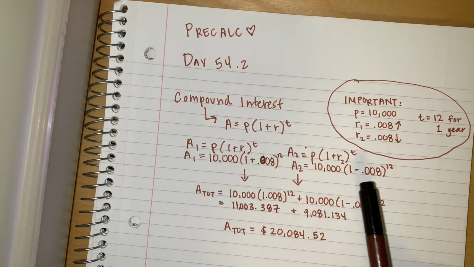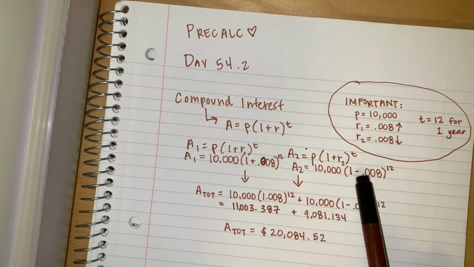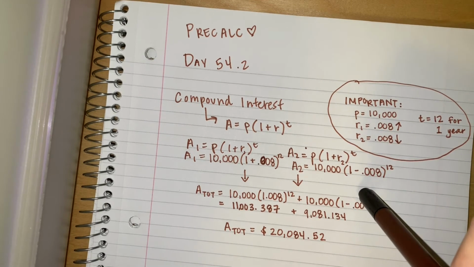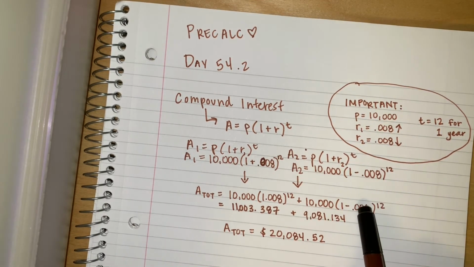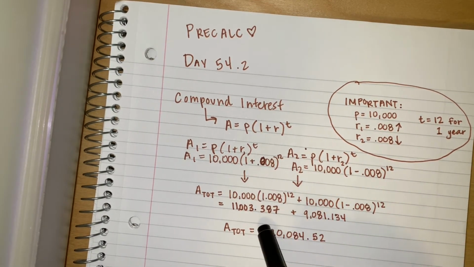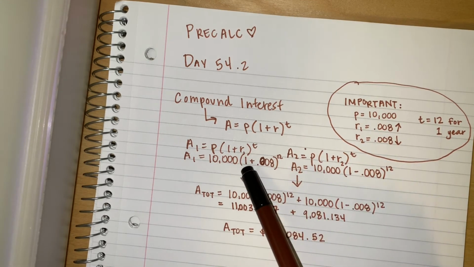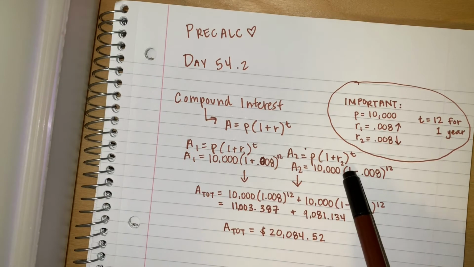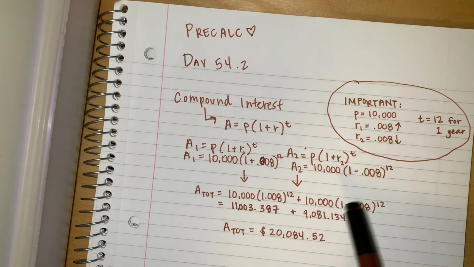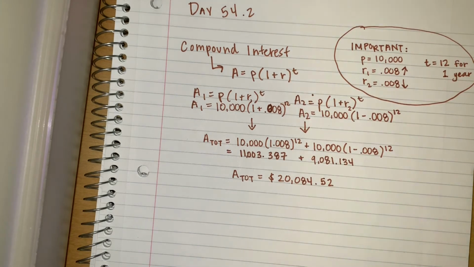For the next one, it's 1 minus 0.008 because it's decreasing. That's really important because one of the annual rates is rising and one is decreasing. Super important. If you forget that, then your entire problem is going to be trash.